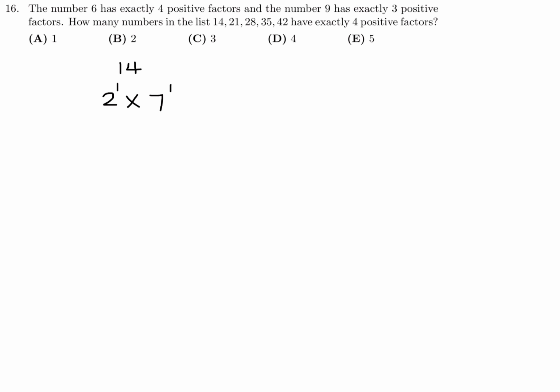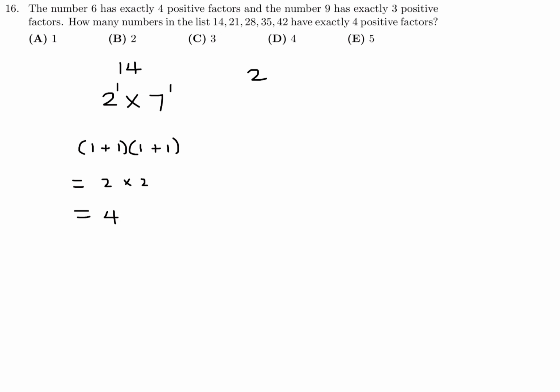It's a really easy tool, actually, and very helpful. Take this exponent and add to it 1. And then you multiply it by the other exponent plus 1. Now this becomes 2 times 2, and 2 times 2 is 4. So 4 is the number of factors of 14.